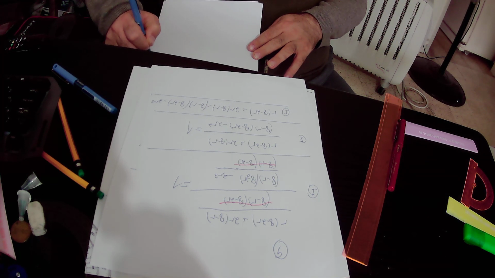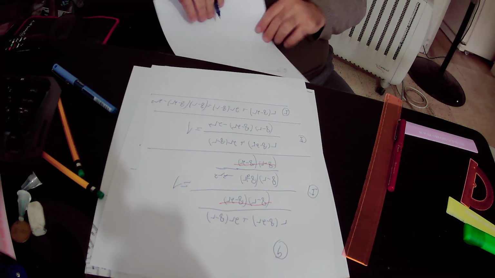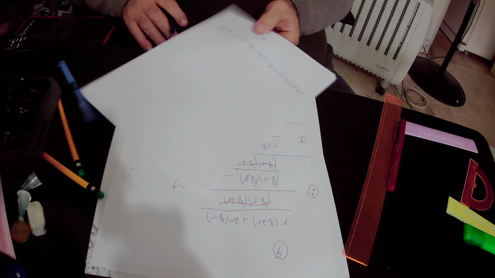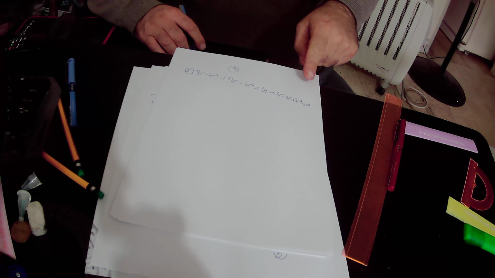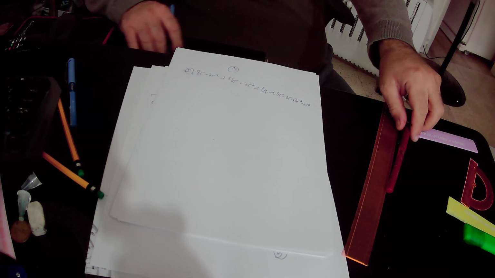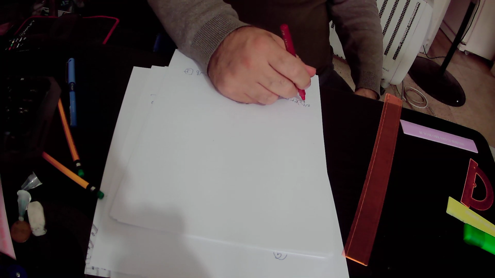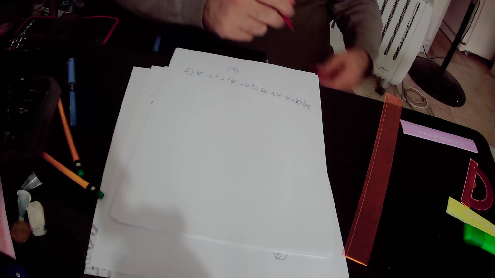minus 2r squared. So here we have minus 2r squared plus 2r squared minus 2r squared, and the 2r squared minus 2r squared equals 0.